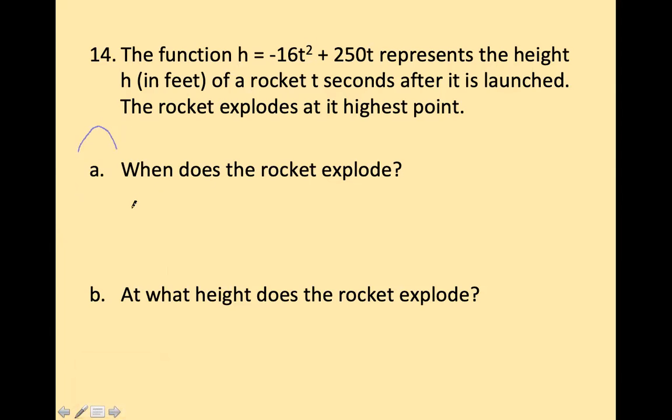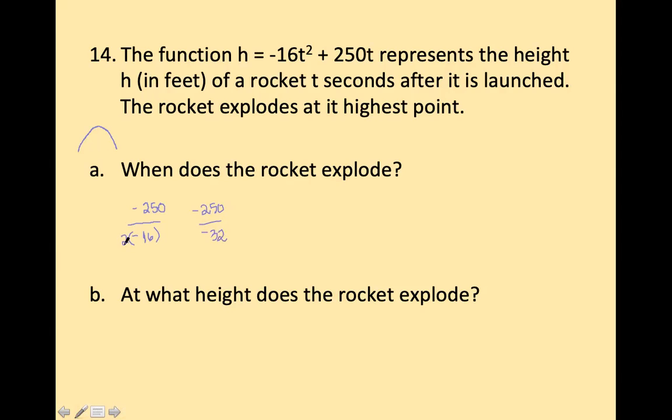So we're going to have to do negative b over 2a. So we get negative 250 over negative 32.